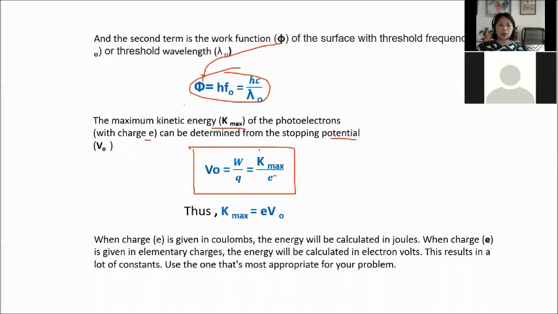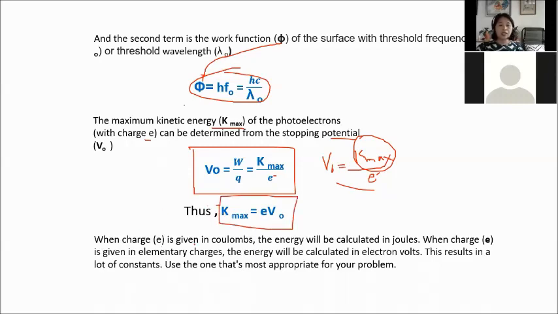Okay, so from this relationship, V sub O is equal to K max over E, we can solve for K max. So K max therefore is equal to, cross multiply, E multiplied by V sub O.